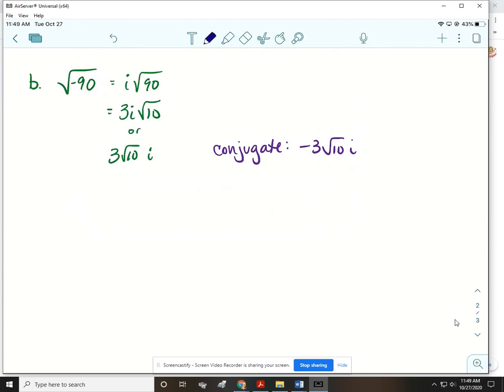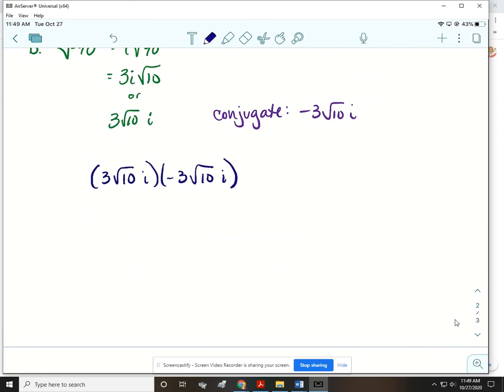All right, so when we multiply these together, we're going to multiply +3 times -3. We're going to multiply the square root of 10 times the square root of 10, which is just 10.